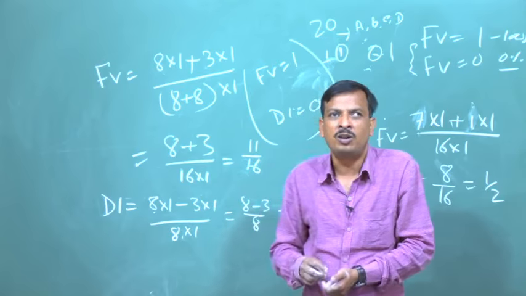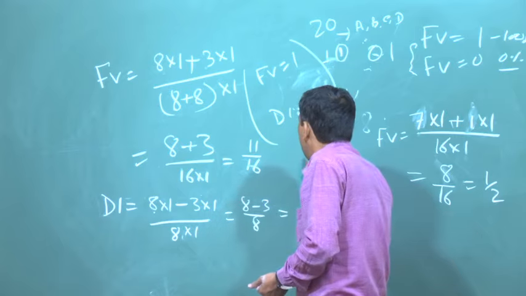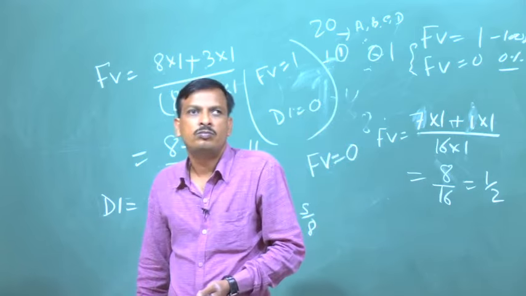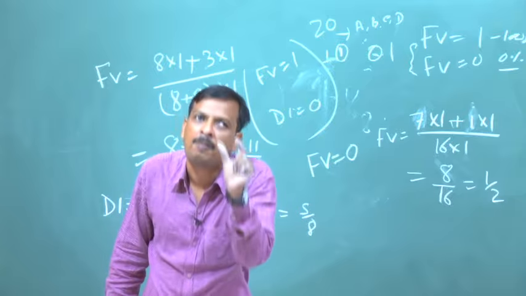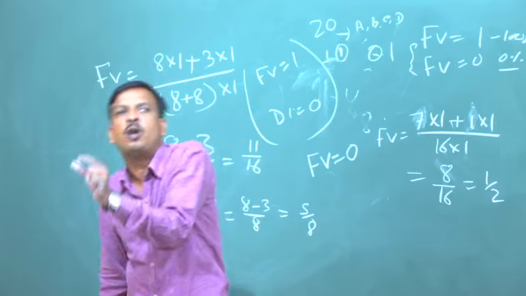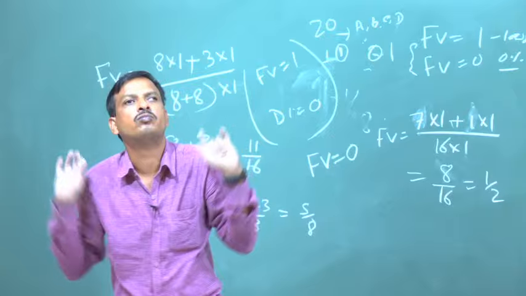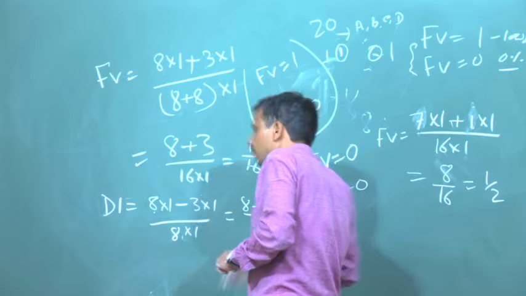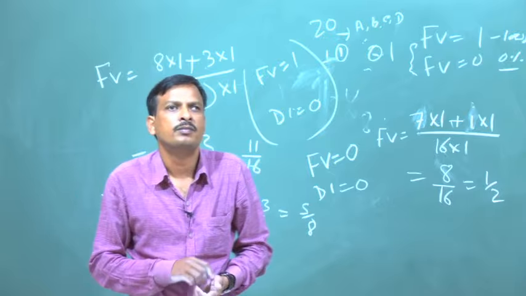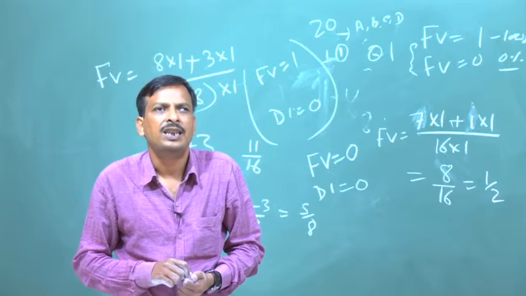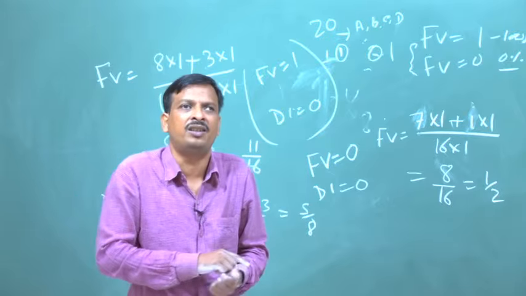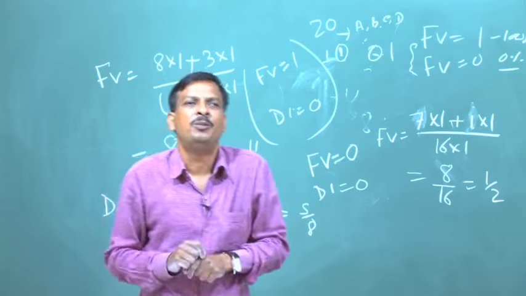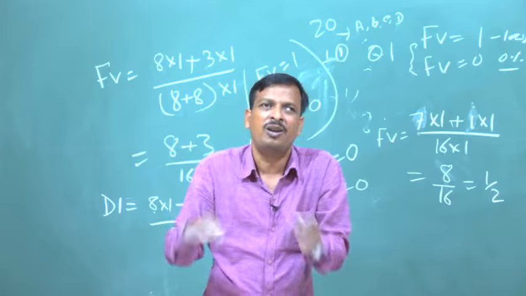On the other hand, if I set a question whose facilitation value is equal to 0, where the answers given by the upper group and the lower group are all wrong, then also DI is 0.